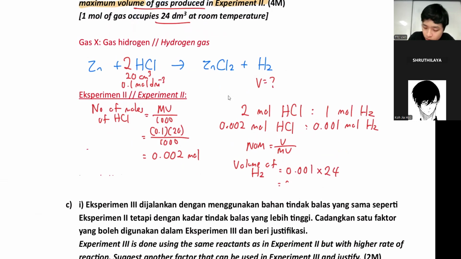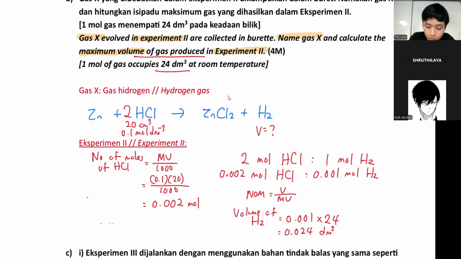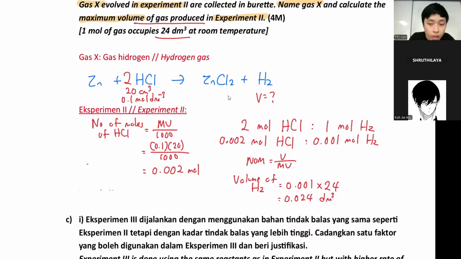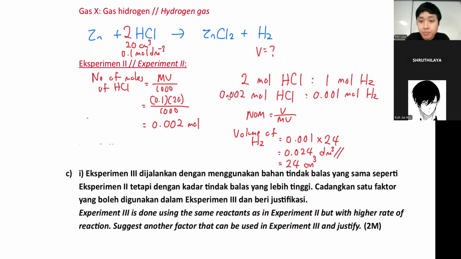So you will get 0.024 dm cube. You can also change to cm cube by multiplying 1000, so you can keep that as 24 cm cube. Either one.